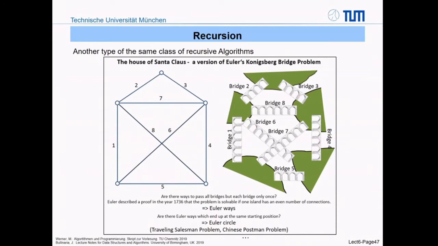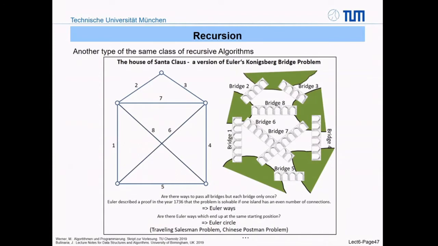So Euler described such a situation in the year 1736. He found a proof that it is solvable if the islands have an even number of connections, and then this is called an Euler way. So what we find here is an Euler way, and if it ends up at the same starting point, then it's called an Euler circle.